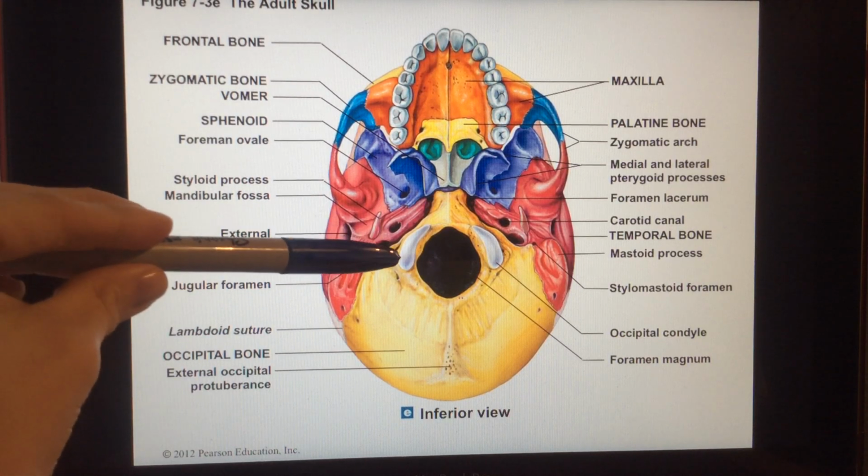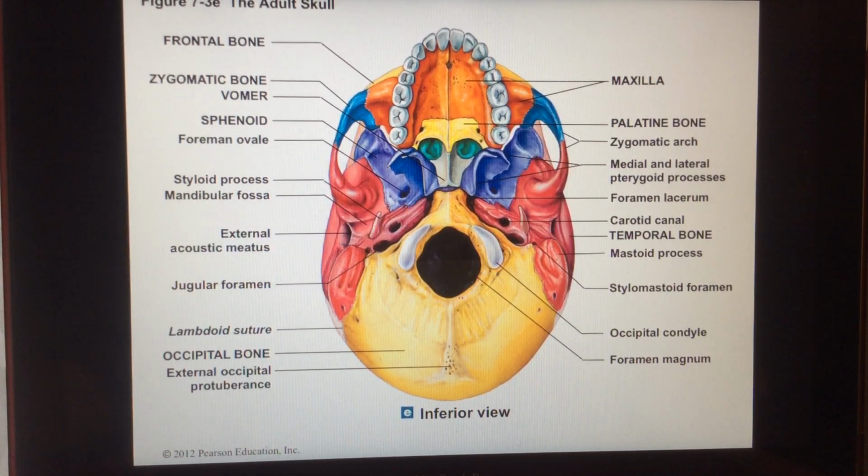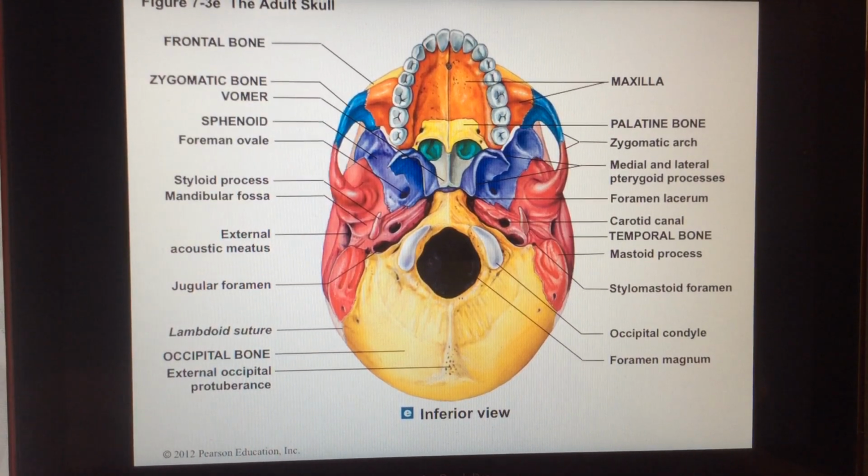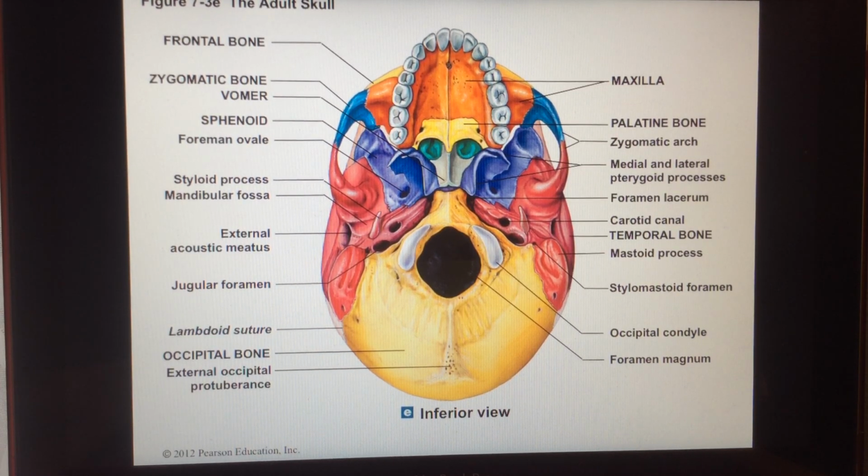The jugular foramen, you're going to see the jugular veins here. Foramen ovale, this is an exit for one of your cranial nerves that feed the sensation of the face. So again, a lot of different areas and structures to review, go over, and re-go over.